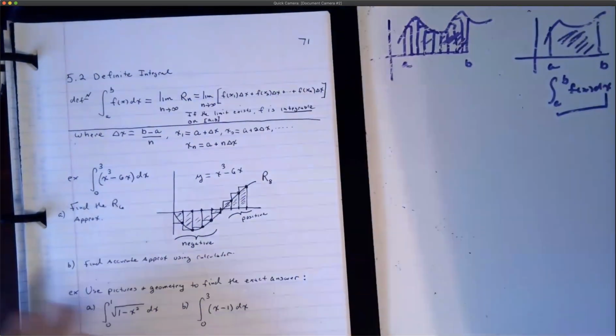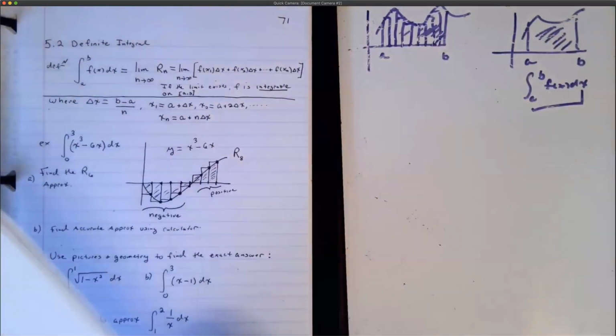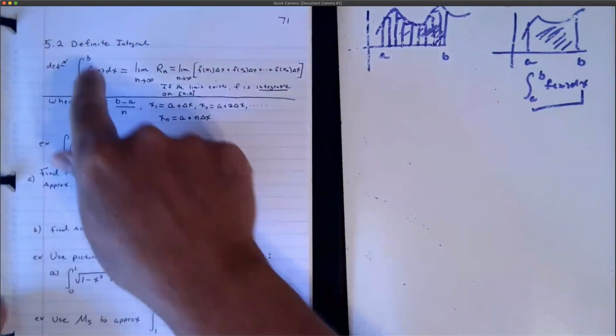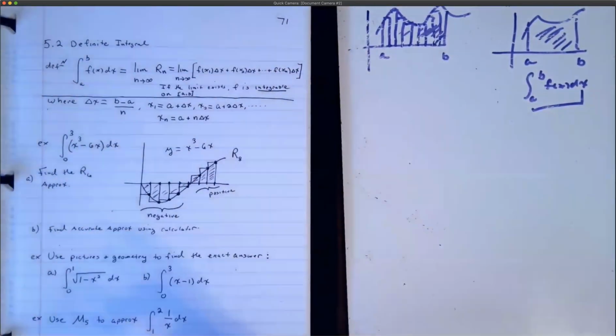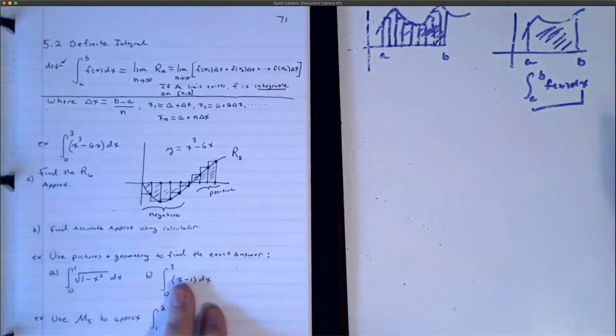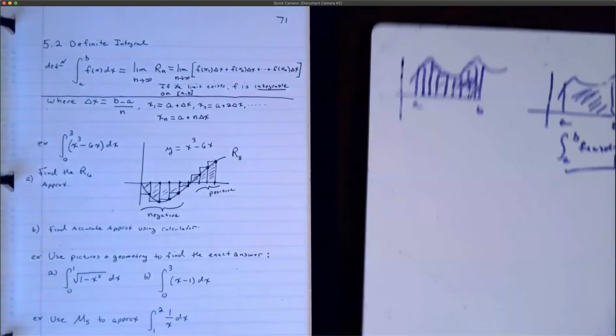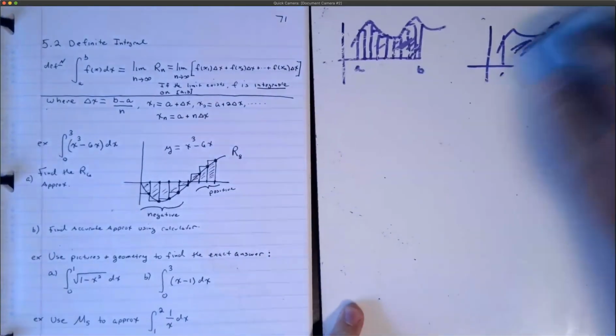Okay, so we're back in section 5.2, and our goal is to understand the definite integral. The definite integral is basically a nice way to indicate the area underneath a curve.